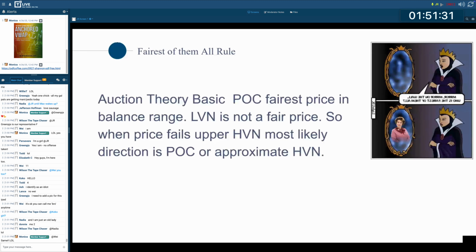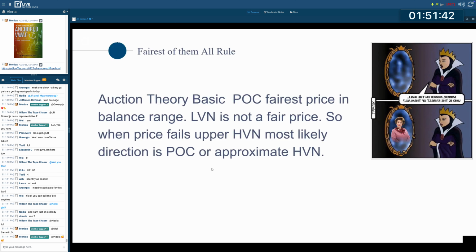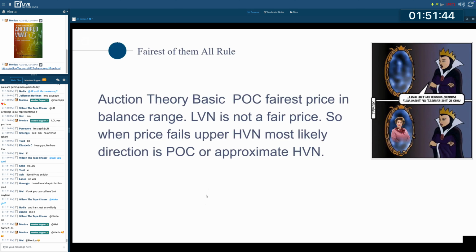Just like we have price gaps in charts from one day to the next, we will have price gaps in terms of value within a balance range, right? So oftentimes, speaking of liquidation breaks and stuff like that, we'll have a chart that looks like this.